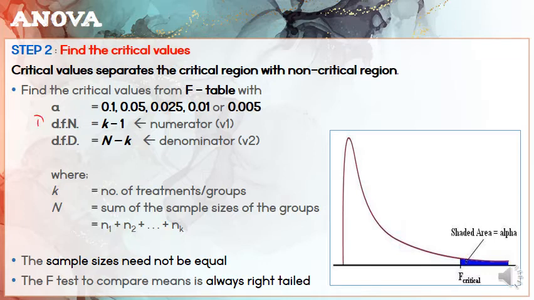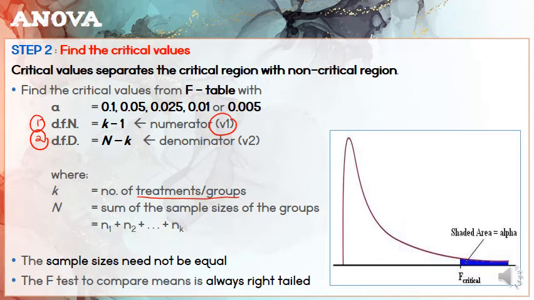Degree of freedom for numerator and degree of freedom for denominator. Degree of freedom for numerator is K minus 1, denoted in the table as V1. So what is K? K is the number of treatments or the number of groups that you compare for one-way ANOVA.